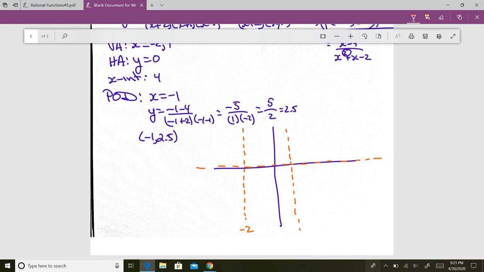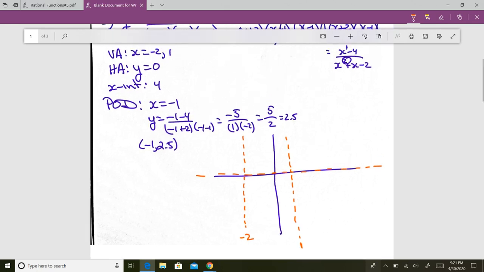There we go. And the x-intercept of 4. So that's 1, 2, 3. Okay, so this is a bit weird because we have an x-intercept on a horizontal asymptote. That is okay.